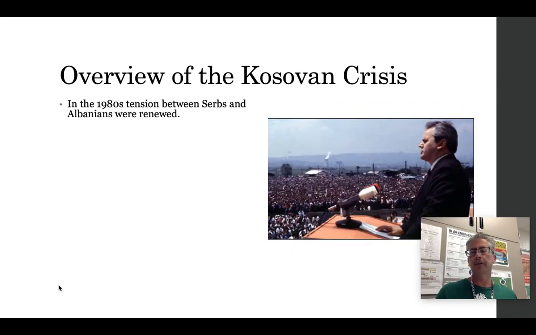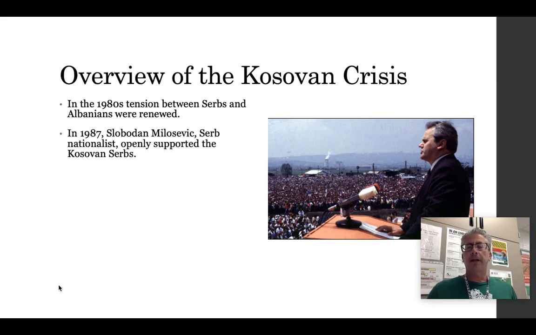To continue here with the 1980s, tension is going to start to really bubble between Kosovo and Albanians, renewed tension over economics and political influence. An upstart in the Communist Party by the name of Slobodan Milosevic, who also happens to be a Serb nationalist, will openly support the Kosovan Serbs.